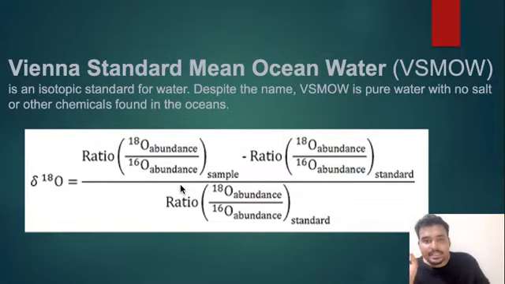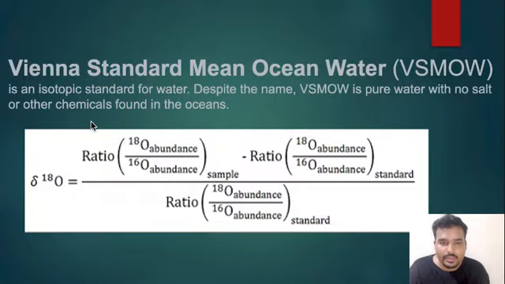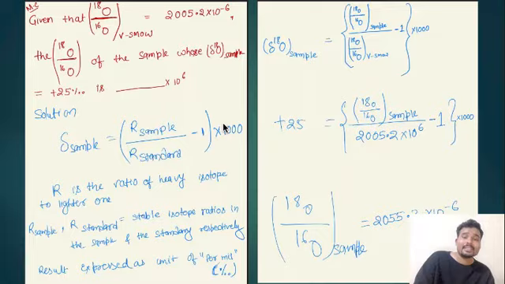We have standard values for the 18 to the 16 ratio. ओके, अब suppose एक सैंपल है, उस सैंपल में 18 to the 16 ratio की वैल्यू क्या है, that you have to find. ओके, सो सॉल्यूशन लेट्स सी. This is the formula, just another version of this formula. Here you can literally see, इसको 1 हम कर दिए into 1000. Why is 1000 written over here?